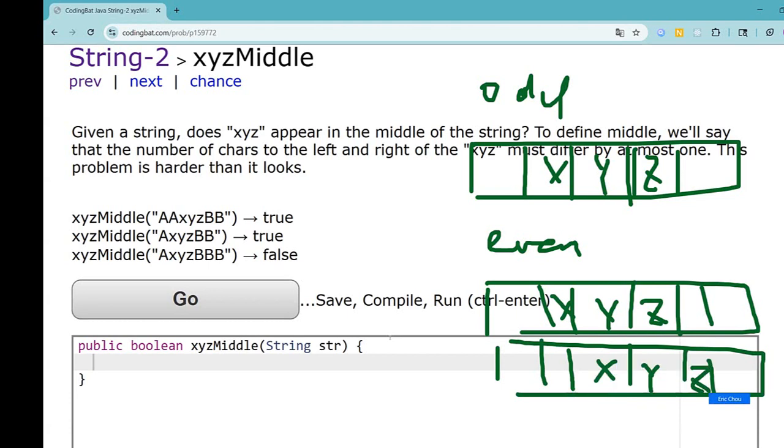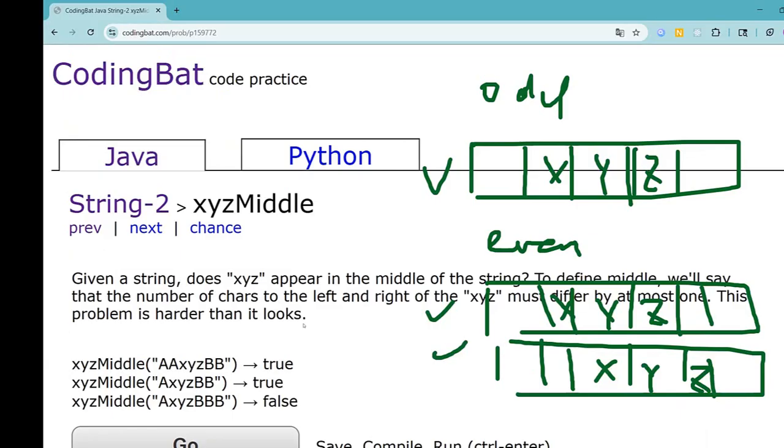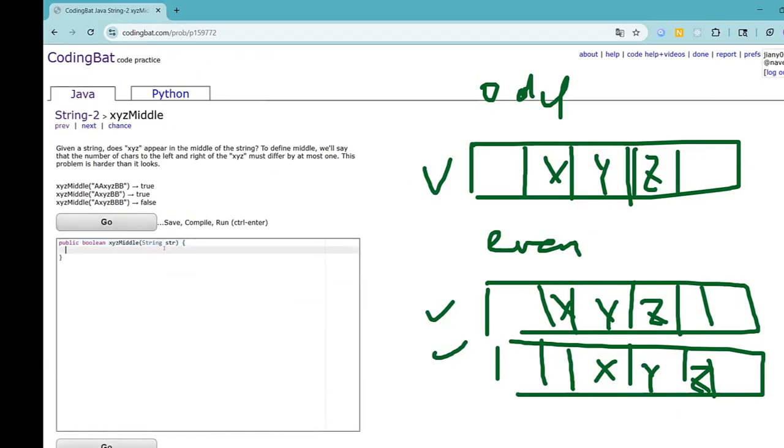So you need to consider this case and these two cases. Do I do it like all three? You need to consider these three cases. Do you understand now?